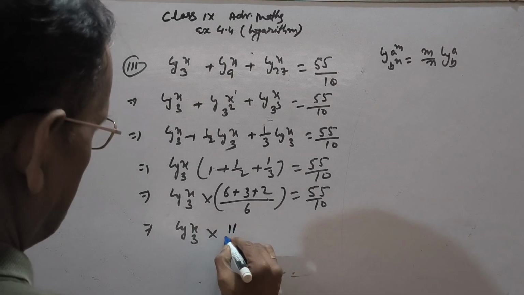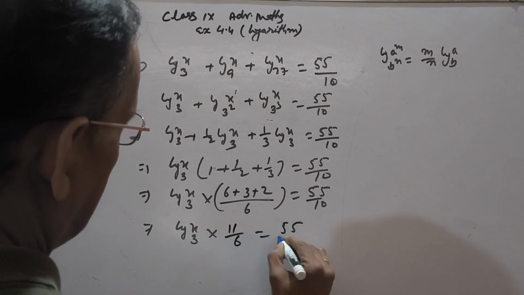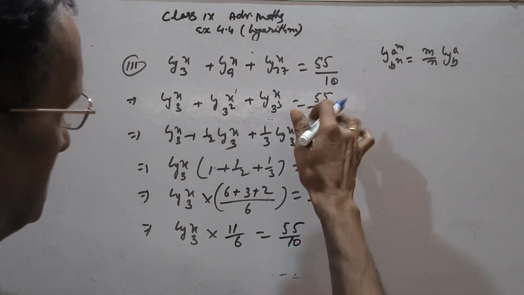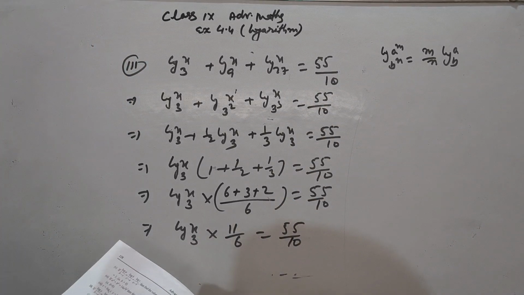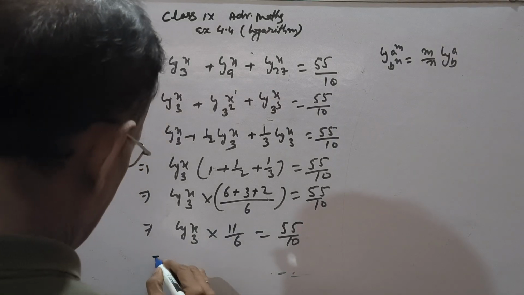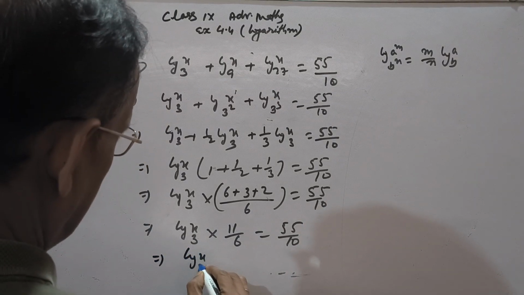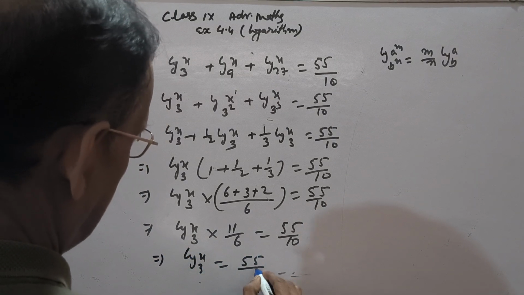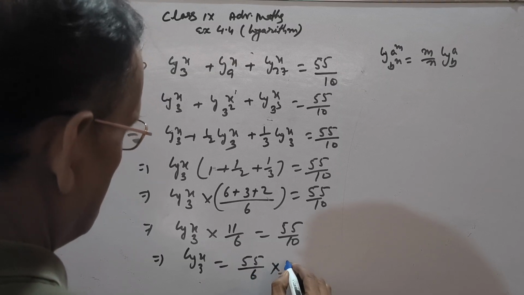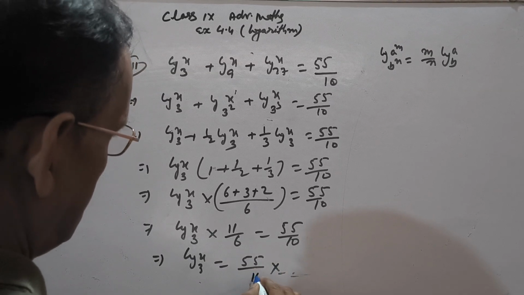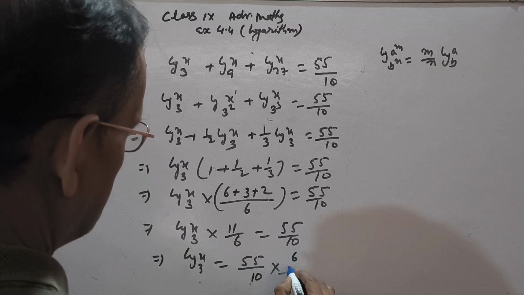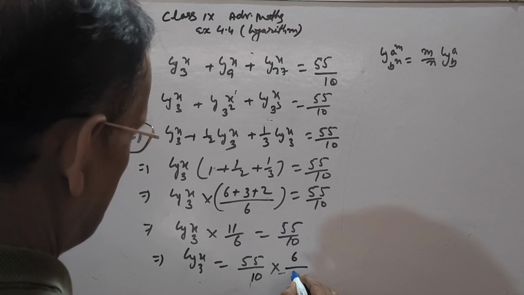11 by 6 is equal to 55 by 10. Here we can convert to the lowest term, no? In the last also calculation, log x to the base 3 equal to 55 by 6 into 55 by 10 into 6 by 11.